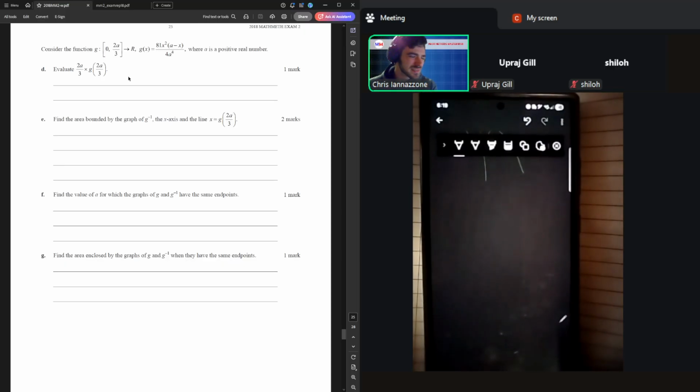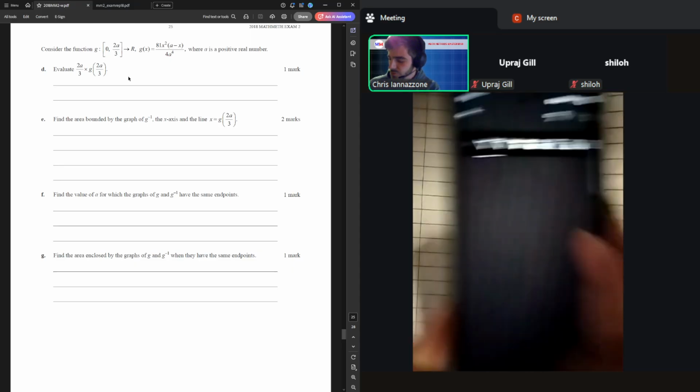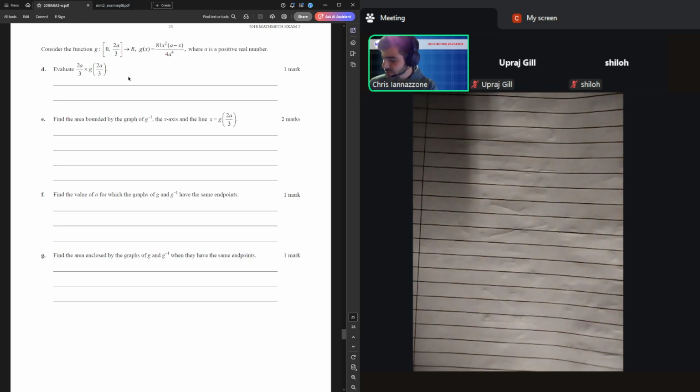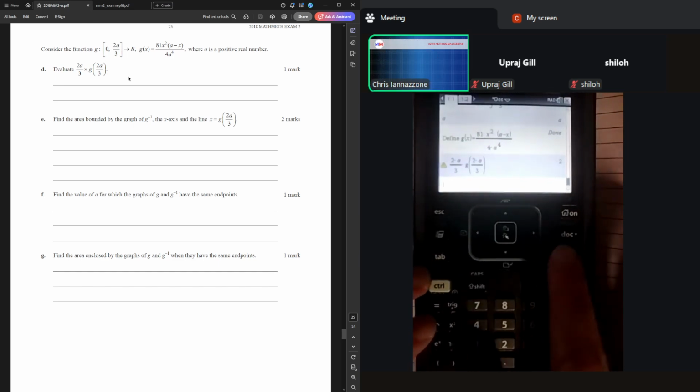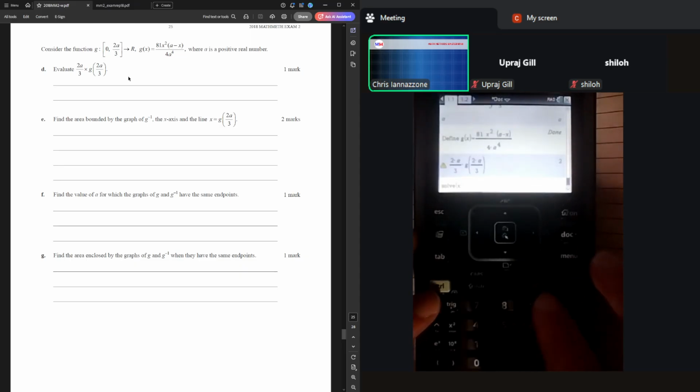Getting the inverse via CAS is probably a bit tough, because cubic into cube root might work. Actually, before I draw this, let's just see if the CAS can give us the inverse. Probably not a great way of going about it, but let's find out.